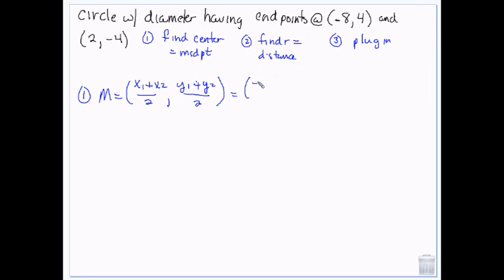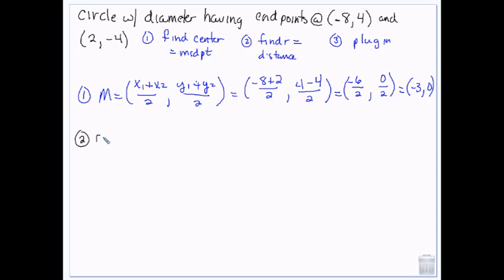X1 is negative 8 plus 2, divided by 2, and then 4 plus negative 4, or minus 4, divided by 2. So I get negative 6 divided by 2 and 0 divided by 2, which is acceptable. 0 can be on top, it just can't be on the bottom. So I get negative 3, 0. All right.